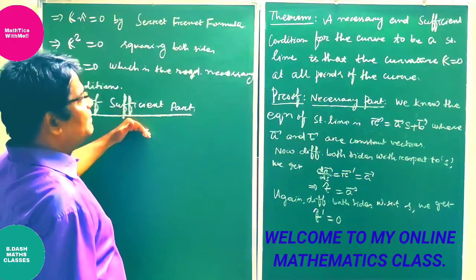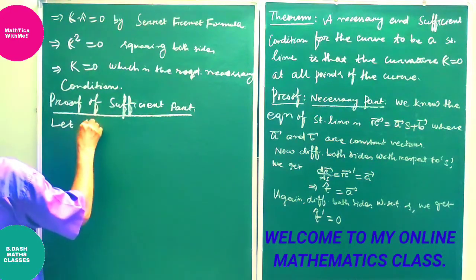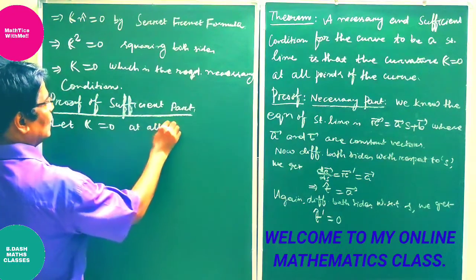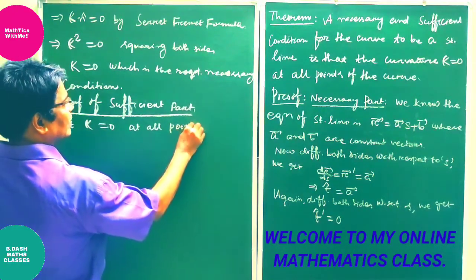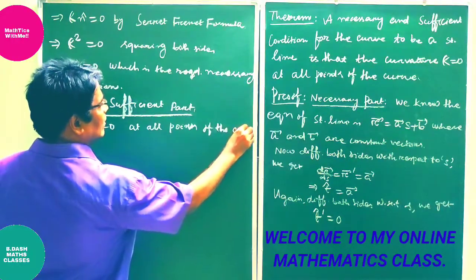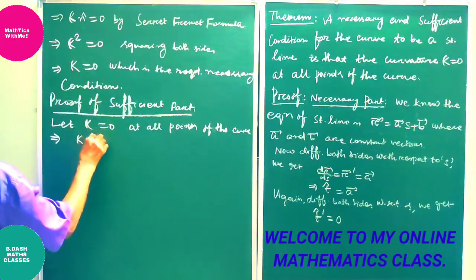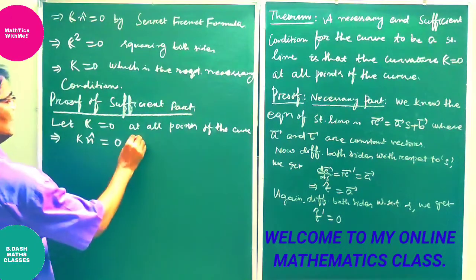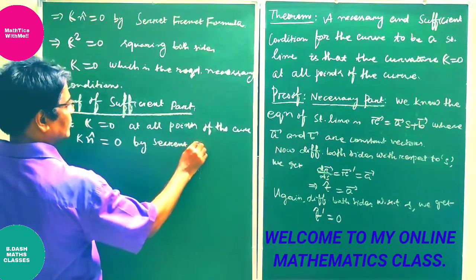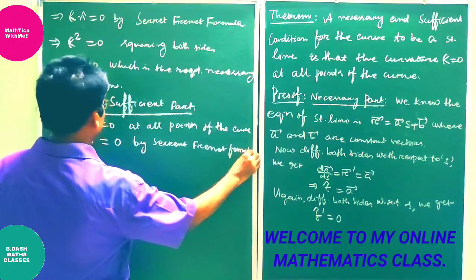Proof of the sufficient part. Let kappa be equal to 0 at all points of the curve. This implies kappa N is equal to 0 by the Serret-Frenet formula.